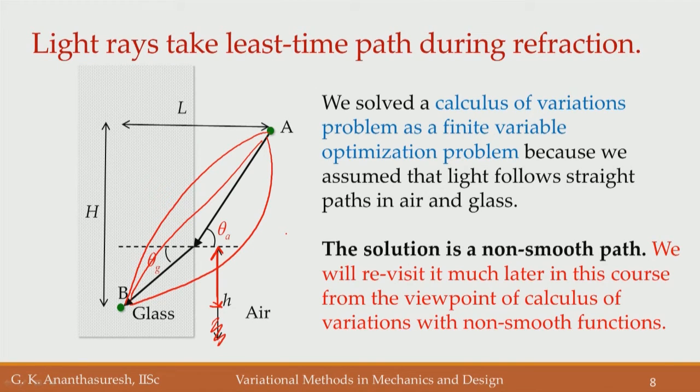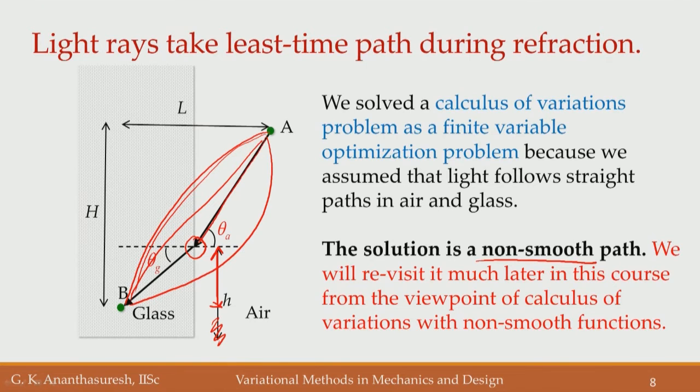But later on, much later in this course, we will revisit this problem to interpret it as if it is a continuous curve, how that leads to this non-differentiable point, or what we call a non-smooth path. So, the very first problem in calculus of variations has a non-smooth curve as a solution.